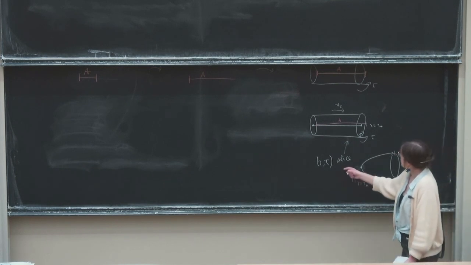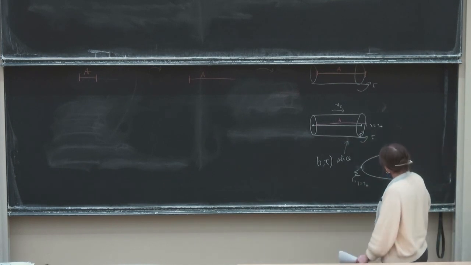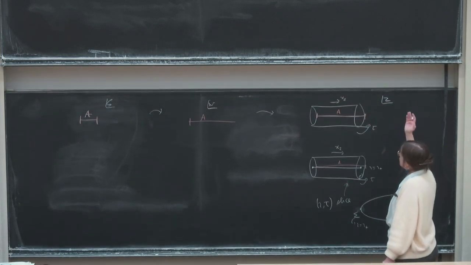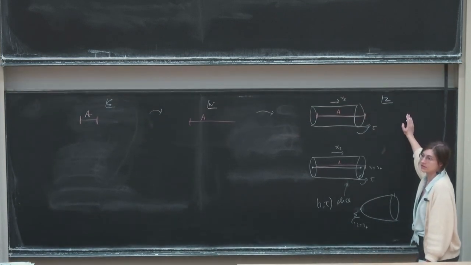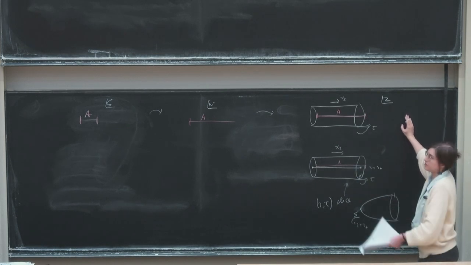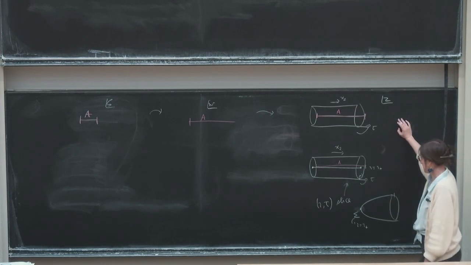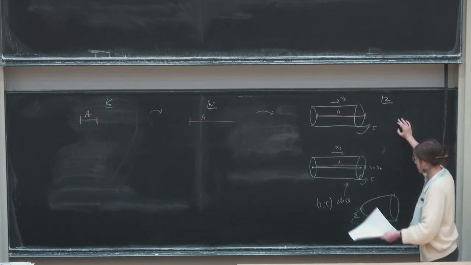So this is an r-tau slice of this solid cylinder bulk dual of our thermal interpretation of the entanglement setup. Yeah, the first one that we encountered.